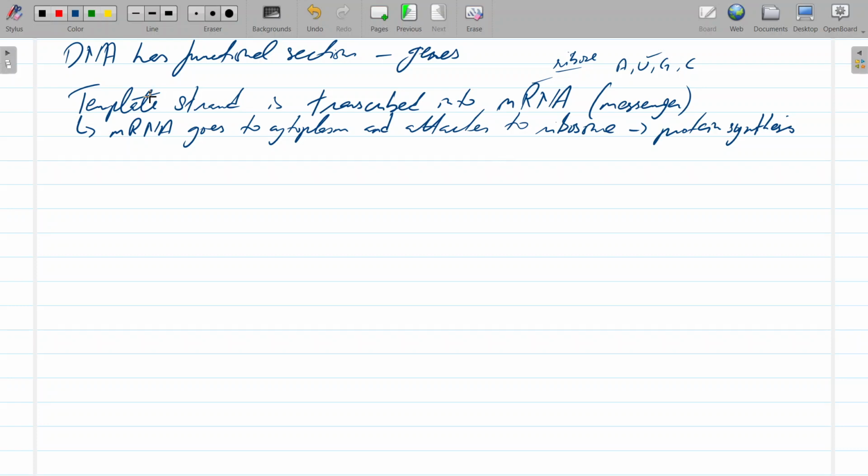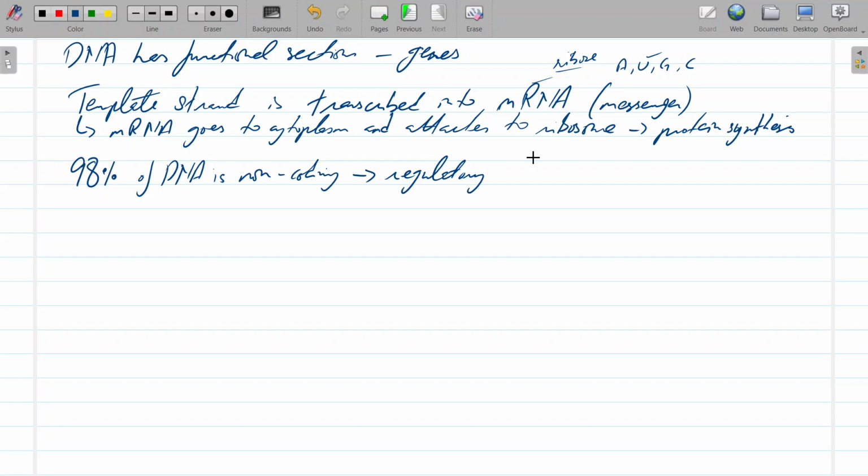It's interesting to know that 98% of the DNA is non-coding, so it's not genes. But they've got other functions. They might have sections of code that regulate gene expression, so they turn genes on and off.